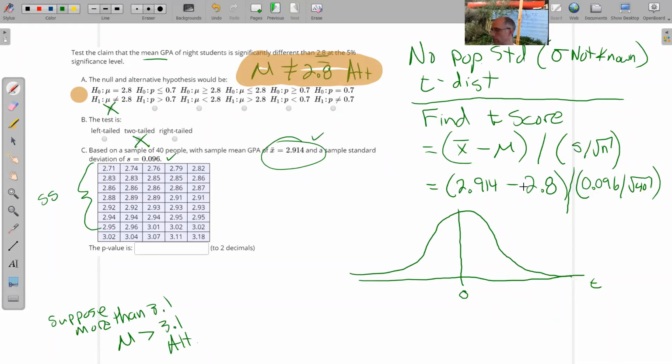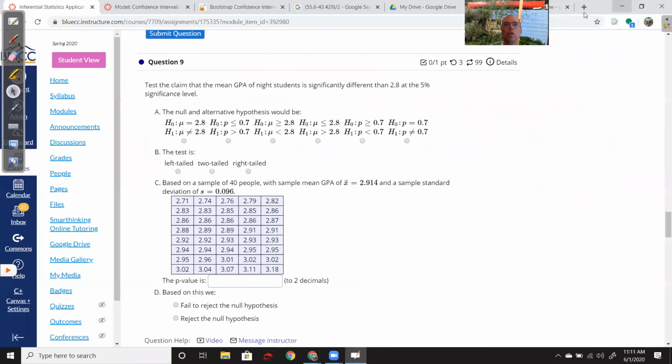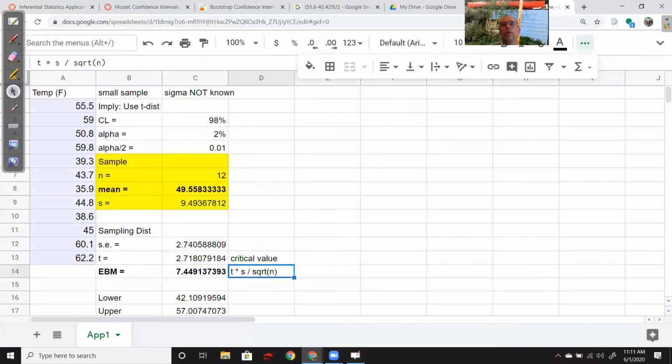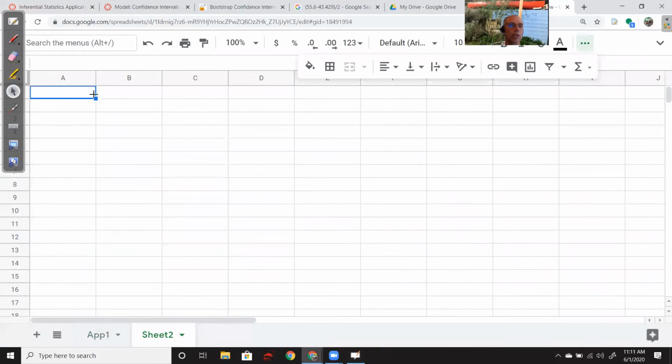So make a quick note of this, 2.914, 2.8, 0.096. All right, I have to type all that into a calculator. Actually, a spreadsheet would be the way to go here. Let's put this in a spreadsheet, new tab, and I'll label that later.